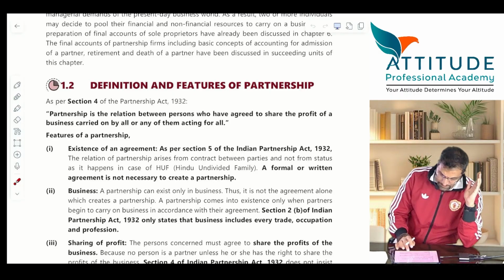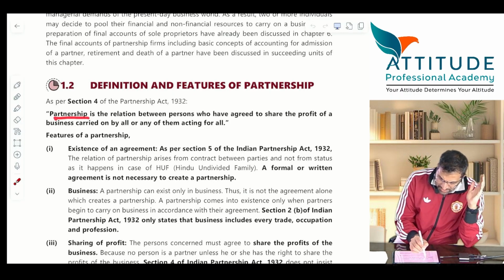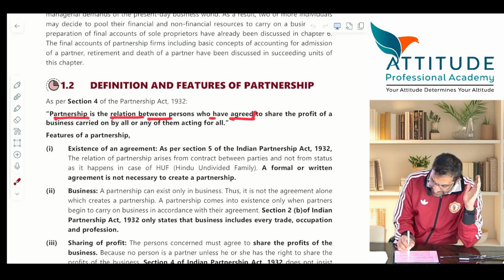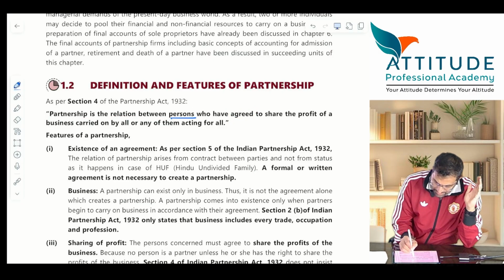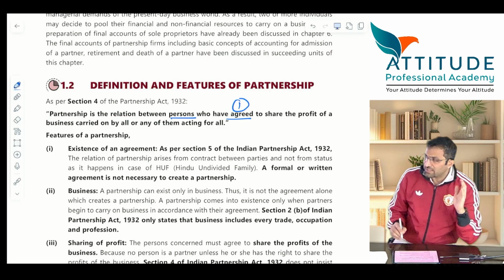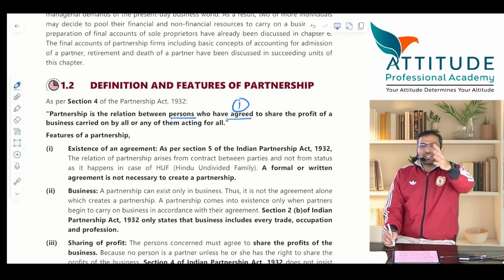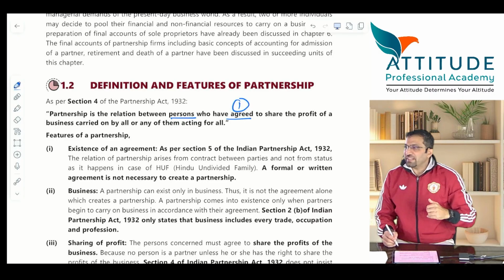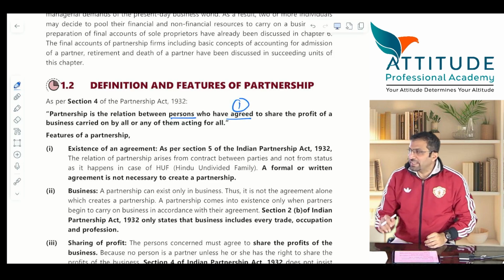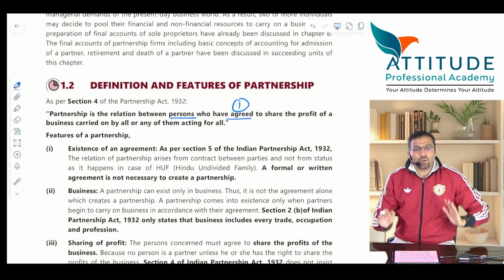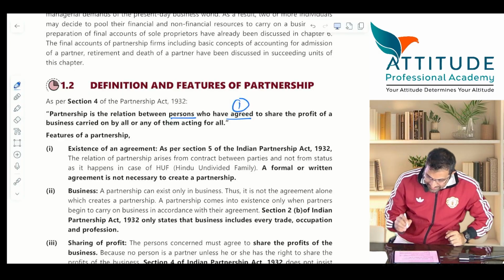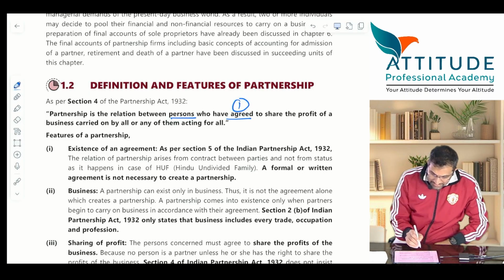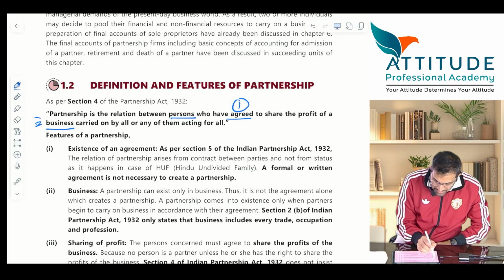So, features. First of all, partnership is a relation between persons who have agreed. Point number 1: persons agreed. Agreement must be there. Means partnership is not created by law, like HUF. In HUF, if you are born in a Hindu family, you automatically become a member of HUF. Agreement is not needed, but partnership is created by agreement. First one. Second one, there should be business.